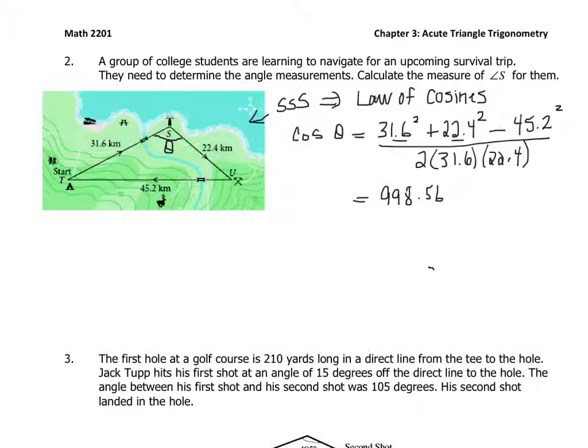And that would equal 998.56 plus 501.76 minus 2,043.04 all over 2 times 31.6 times 22.4, which is 1415.68.